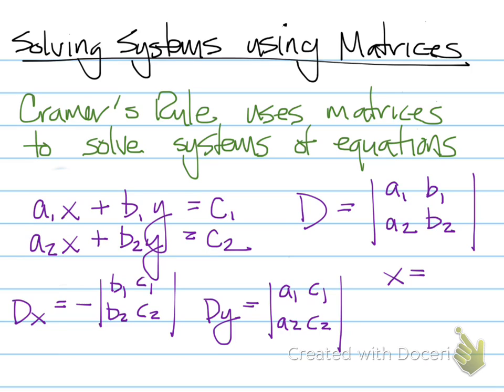So once we have all three of those determinants, the x coordinate of our solution is going to be the x determinant, or dx, divided by the denominator determinant. And then we will find our y value by dividing the y determinant, or dy, by the denominator determinant.